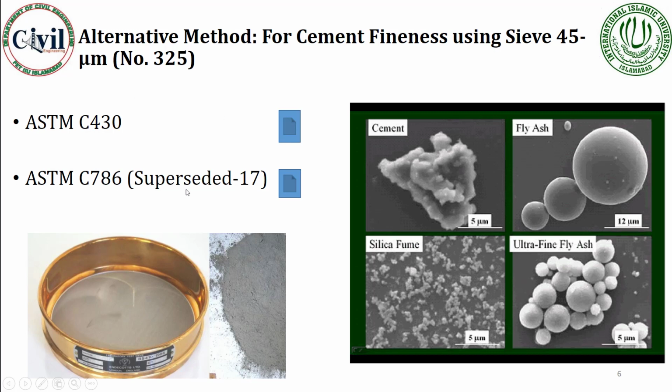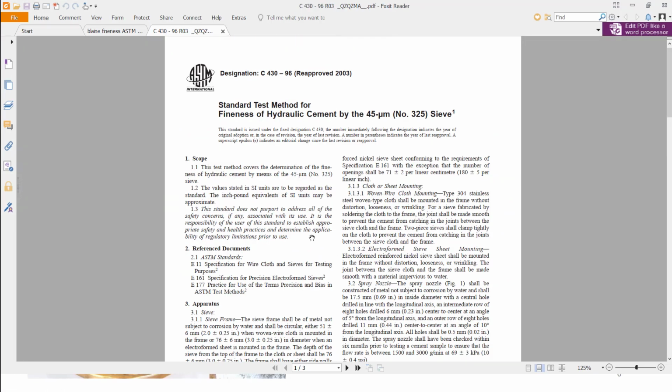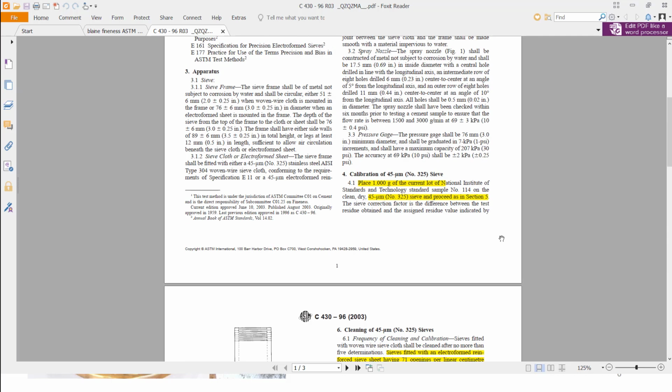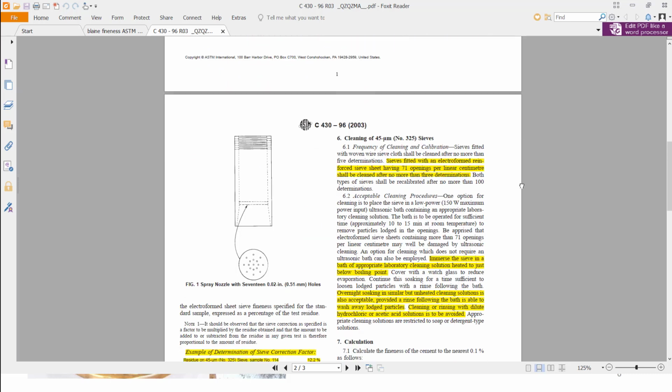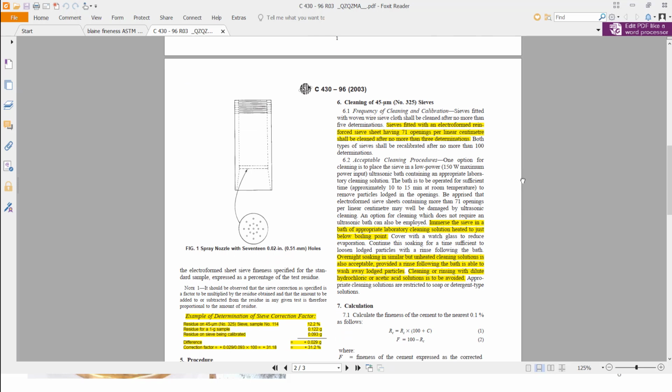So we have two standards which talk about fineness using the sieve method. According to ASTM C430, you can use sieve number 325, with an opening size of 45 micron. First, you have to make sure that sieve number 325 is clean and does not contain very fine particles within the openings.